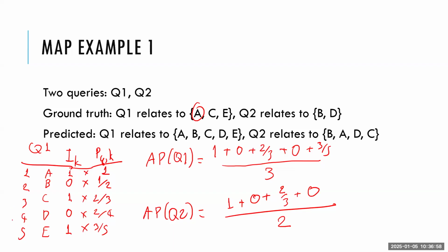For example, if I have A, C, E, then at A my precision is 1. At C, my precision is 2 over 2. At E, my precision is 3 over 3. So the precision is always 1, and the indicator would be 1. When you multiply everything and sum, it's going to be 3, and then you divide by the number of relevant documents, so you get 1. So the highest score for MAP would be 1.